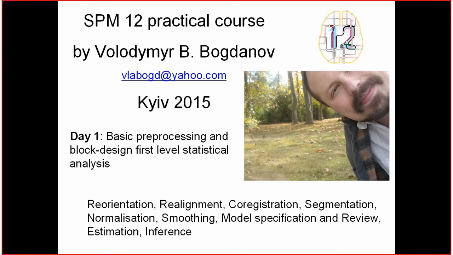In particular, we will work on reorientation, realignment, coregistration, segmentation, normalisation, smoothing. This is the first part, the pre-processing, and then we will try a little bit of statistical analysis, which is model specification, review of the model, estimation of the model, and statistical inference.